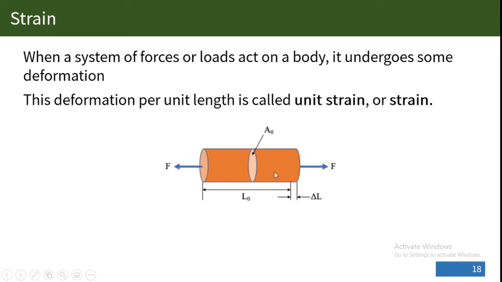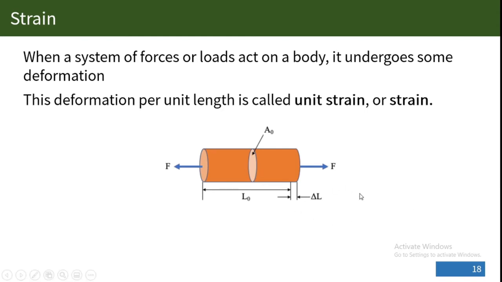Before the application of force, we have the initial length denoted by L naught, and upon applying the external force that tends to elongate the body, there is a deformation denoted by delta L. So the body increases in length. And finding the deformation per unit length is called unit strain.